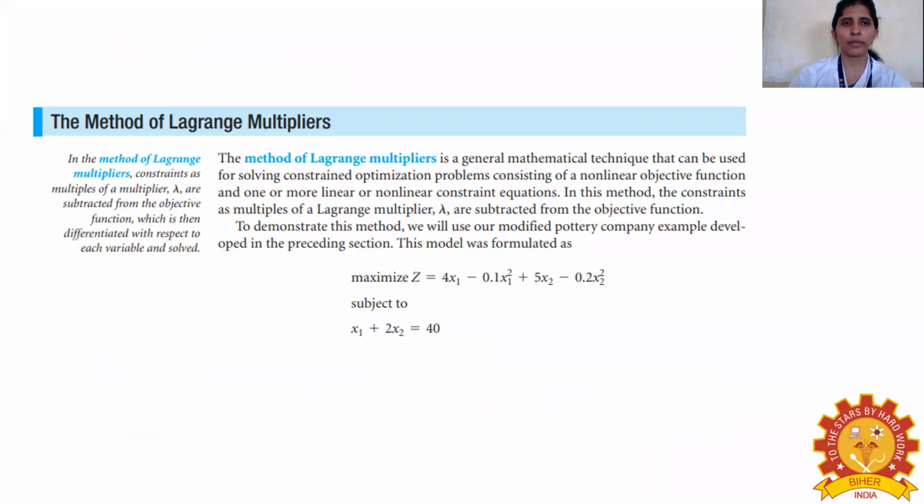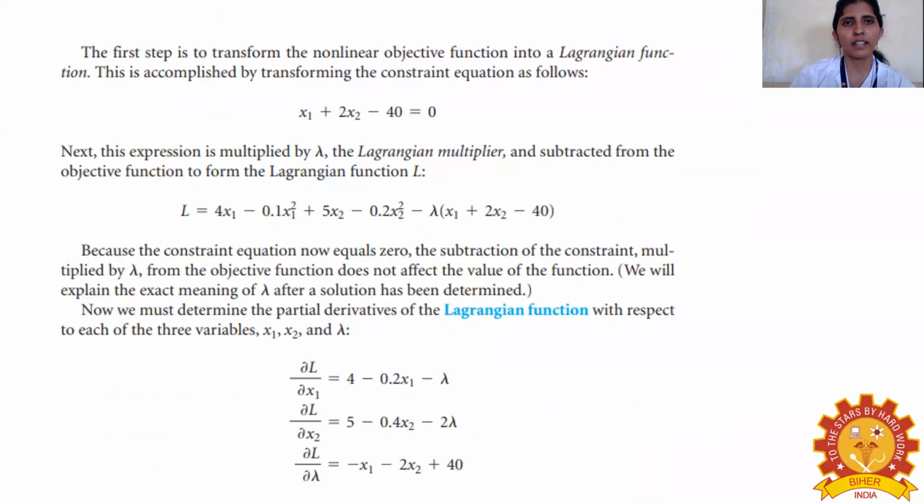So we have one example here. The model will be as follows. We have to maximize the given objective function z, subject to the constraint x1 plus 2x2 equal to 40. The first step is to transform the nonlinear objective function into a Lagrangian function.